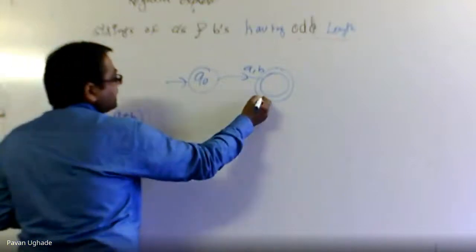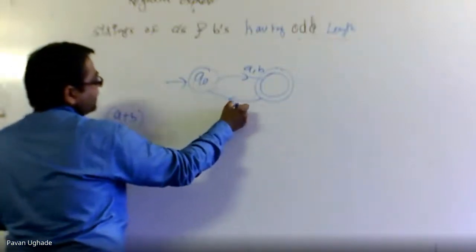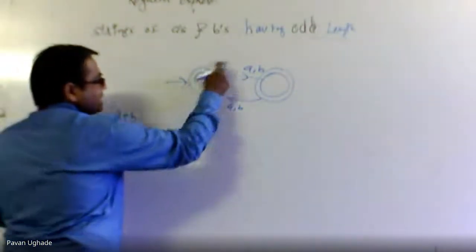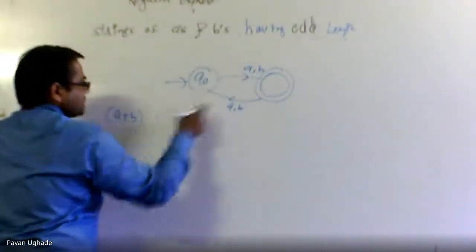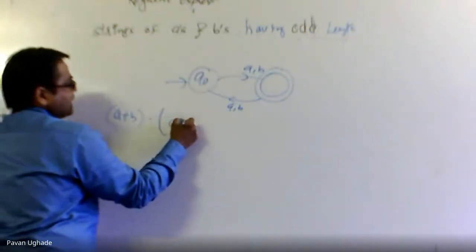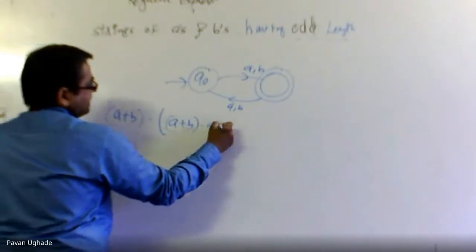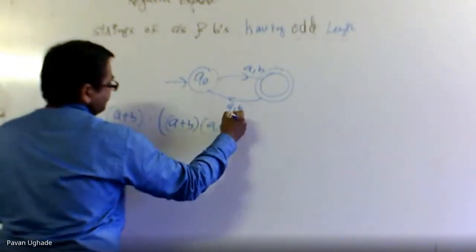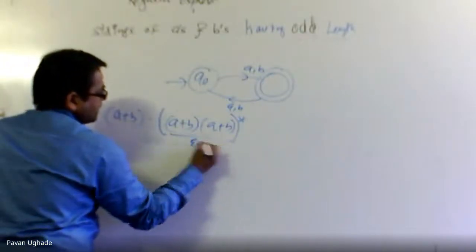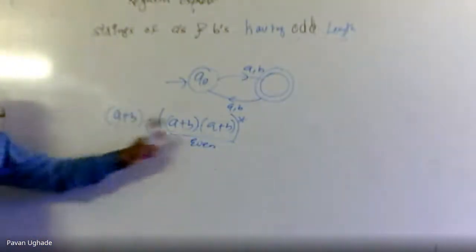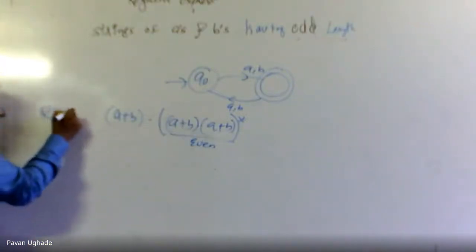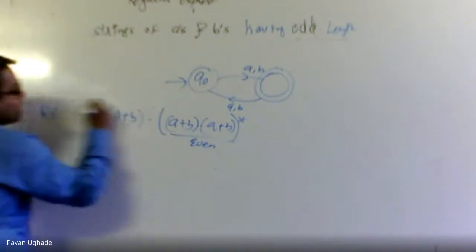Now there can be multiple A's, right? A comma B. Now here 1 is accepted, then 2, 3, and 4. So likewise it will be accepting. So I will say A plus B dot A plus B, the whole closure, which is nothing but even, and it is odd only. So this is also a regular expression for odd.